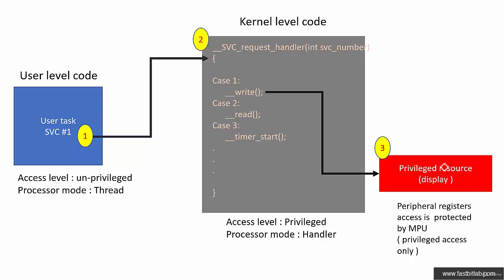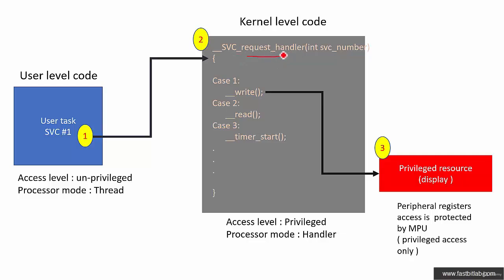That's the reason the user task should make a request to the kernel level code. And the way it does that is using SVC instruction. A user level task executes SVC instruction with an argument 1. And that actually triggers the kernel level code. Now the kernel level code runs, which is an SVC request handler.